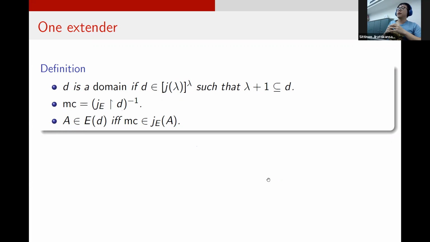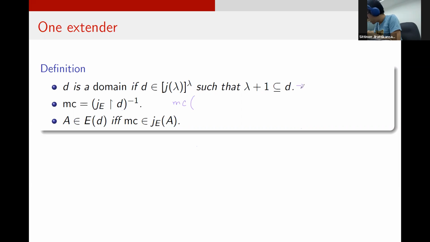Roughly, what it looks like is it's going to map J E of alpha to alpha for every alpha in D. And I think it's useful to write something down a little bit. So a few cardinals which are useful.